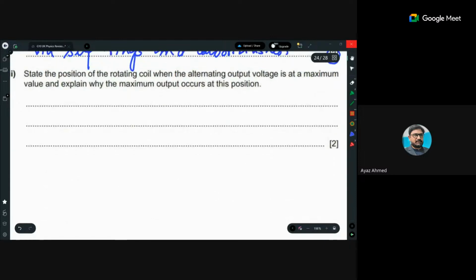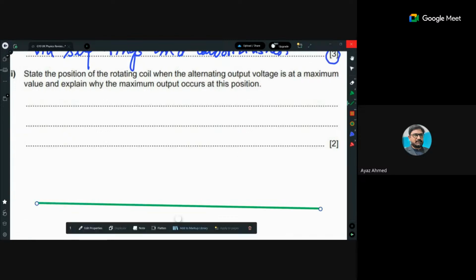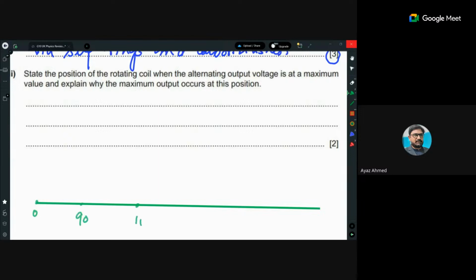State the position of the rotating coil when the alternating voltage is maximum. Frequently asked question. Where is the coil? Where is the output maximum? I have explained this question to you. This is the initial value, this is the 90-degree rotation, this is 180-degree rotation, this is 270-degree rotation, this is 360-degree rotation, right?